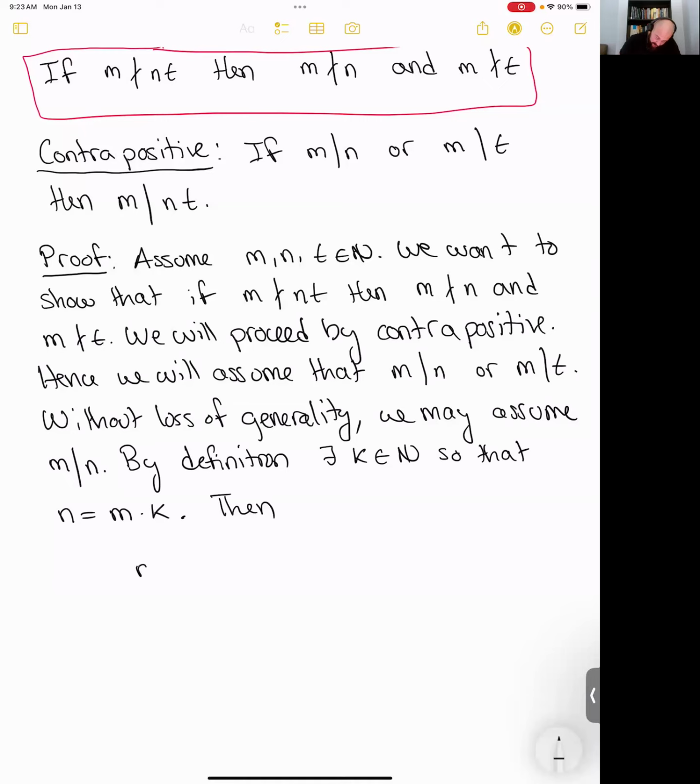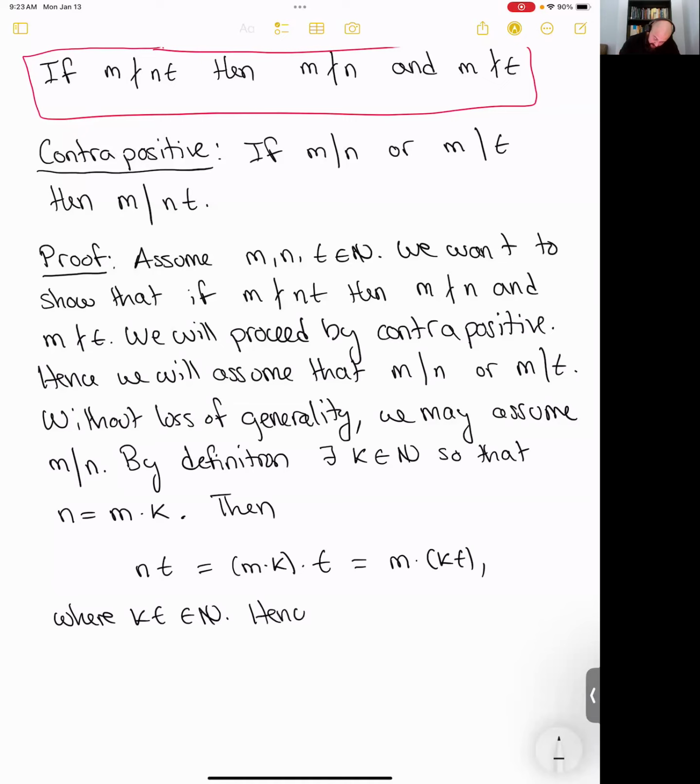So then n times t is equal to m times k times t, which is the same thing as m times kt, where kt is a natural number.